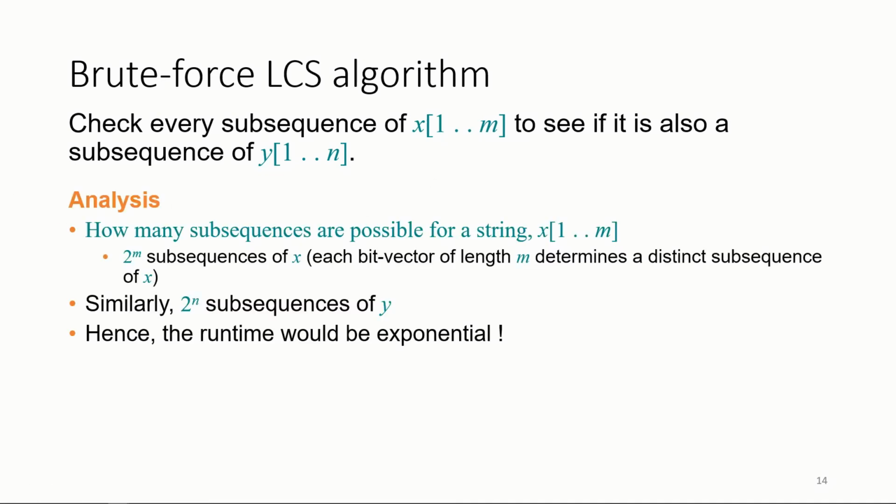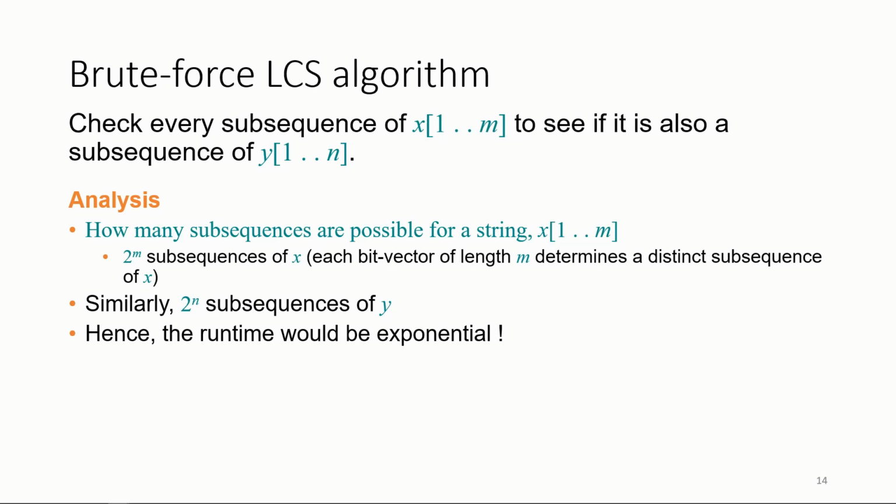So what would be the runtime of that algorithm? First, we need to find out how many subsequences are possible for a string x with length m. There are 2 to the power m subsequences possible for x. Each bit vector of the length m determines a distinct subsequence of x. If you are not familiar with the concept of bit vector, let me know.